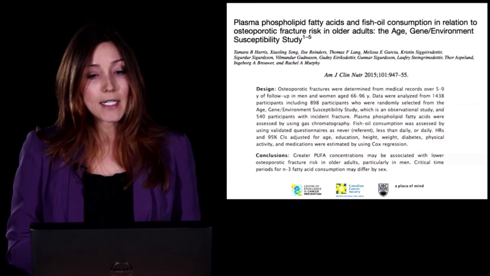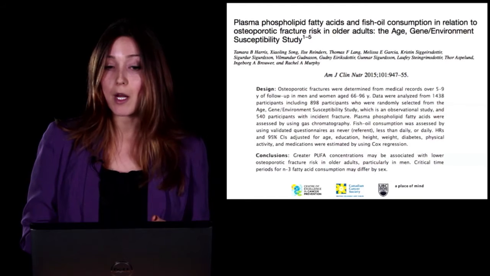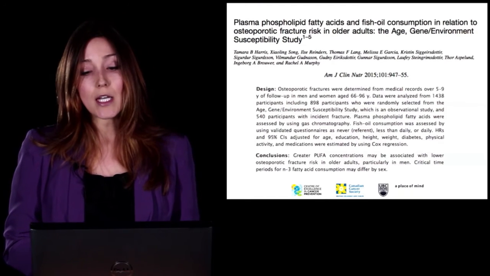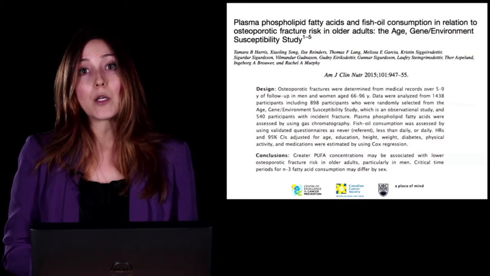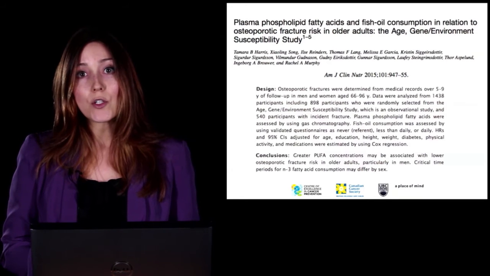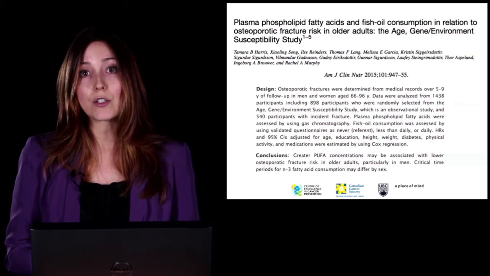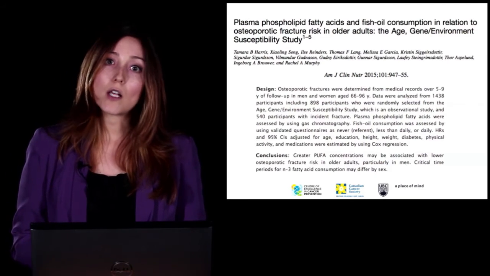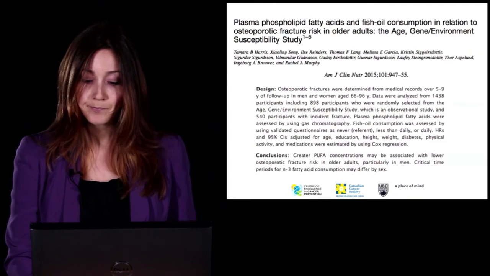So here we looked at greater polyunsaturated fatty acid, which were primarily omega-3 fatty acids, and found that there was an association with lower osteoporotic fracture risk, particularly in older adults. So this is a study that would have been difficult to do with an RCT because there is very little evidence in the literature. As well, an outcome like fracture risk takes a very long time to develop, so it would be very difficult to measure with an RCT.